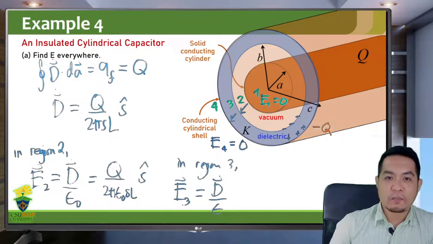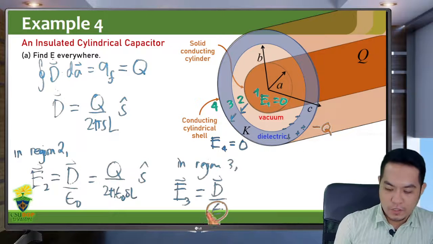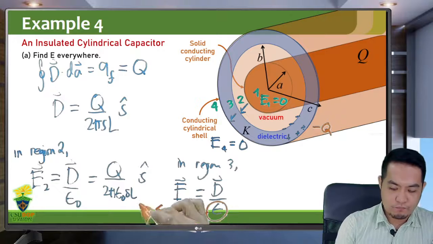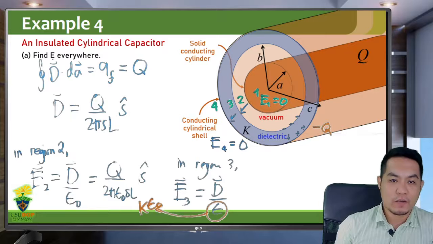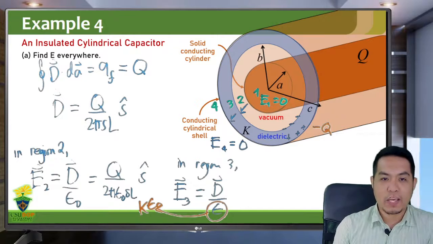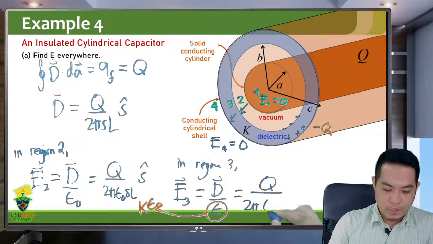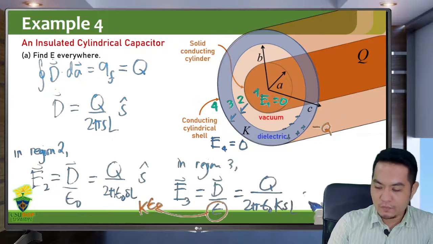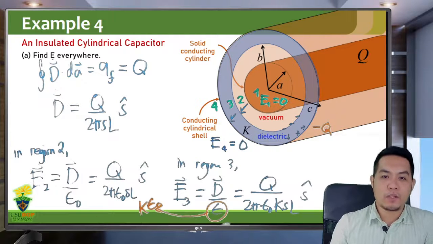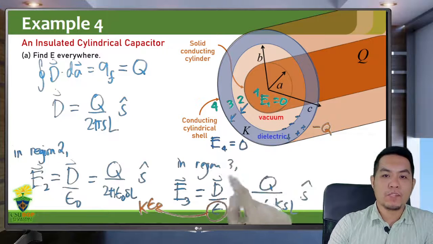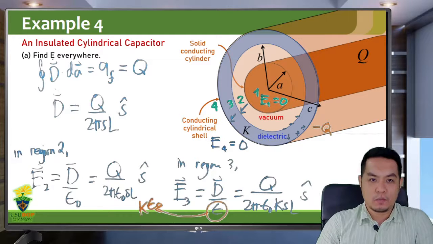Since we are not given the permittivity, but instead we are given K, we can just use K. So the permittivity is just K times epsilon naught. So we divide D by K epsilon naught, and you will get Q over 2 pi epsilon naught K SL, s hat. So these are now the electric field everywhere. In region 2, in region 3, and in region 1 and 4, inside the solid conducting cylinder and outside of the capacitor, they're all 0. Okay.